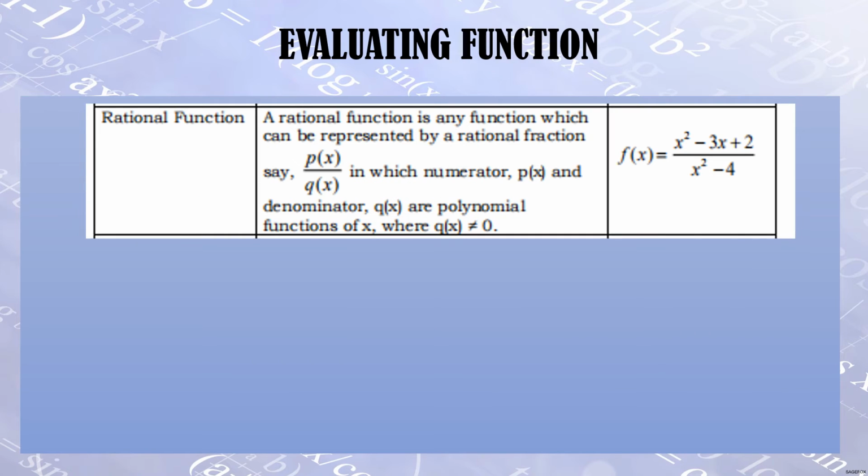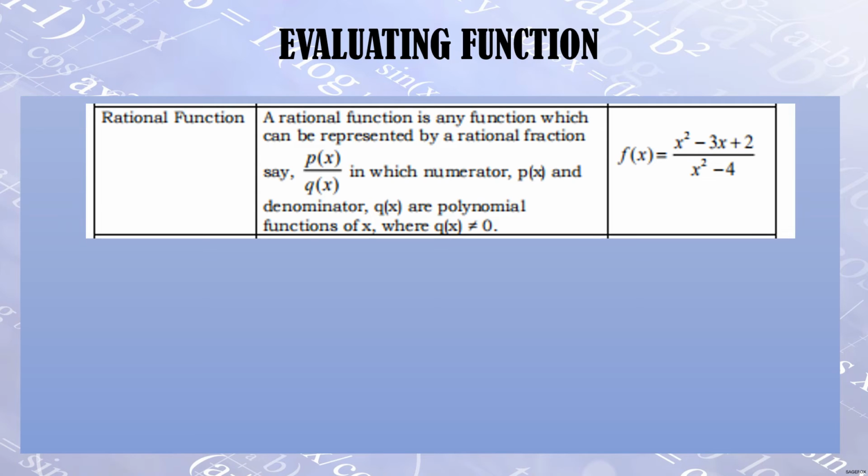And then next one is the rational function. Ito namang rational function, masasabi natin na rational function ang isang equation if the numerator is polynomial and the denominator is polynomial. But may addition, wherein the denominator must not be equal to 0.